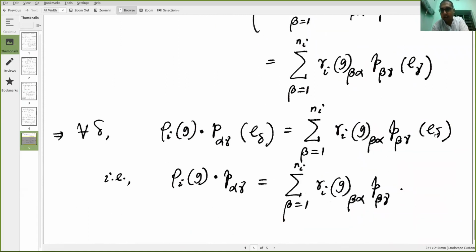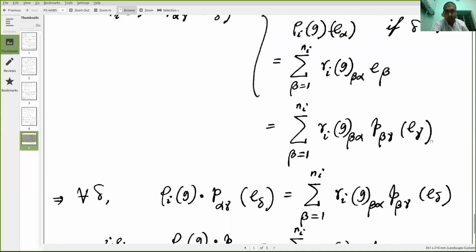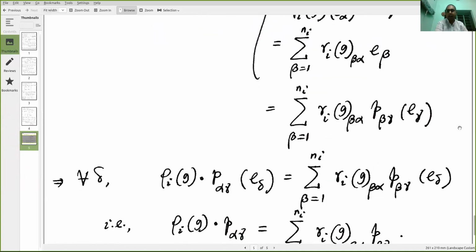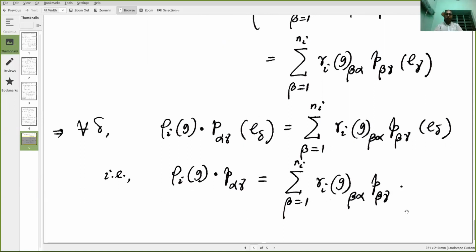Otherwise, if delta is not gamma, then both sides are 0. This is just a simple checking. If delta equals gamma, that's what we have just checked. And if delta is not equal to gamma, then this side is also 0. Since this holds for every basis element E delta, the composition of these two linear maps is basically the following.